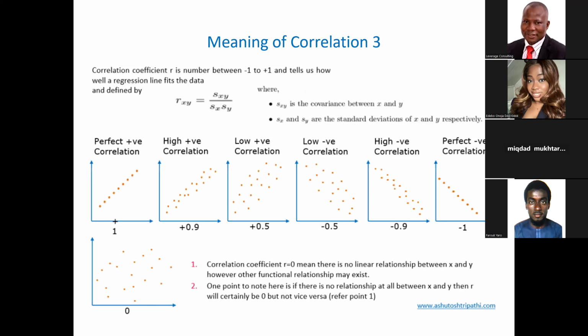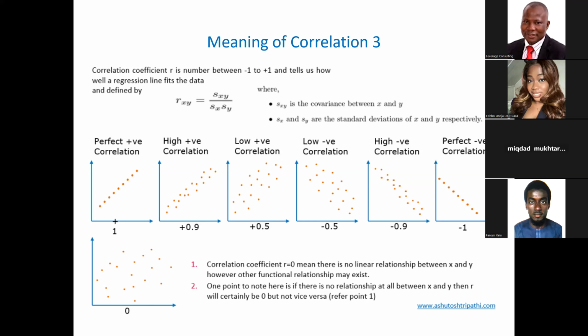So let's throw in more meaning so that you can perceive it pictorially. You can see the different types of correlation, ranging from positive to negative. That is the sign, but also the strength of the correlation. Look at this one, a perfect positive, which is 1.